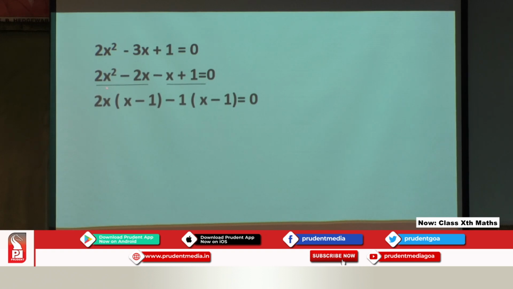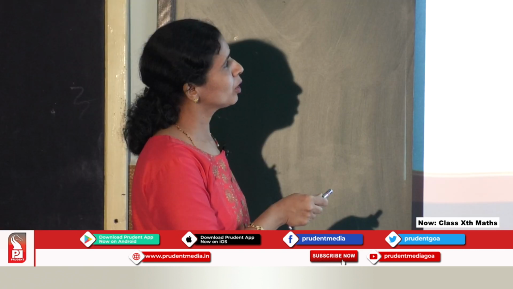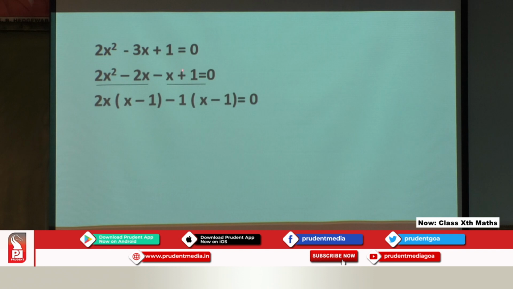Next we should regroup the terms. In 2x square minus 2x, 2 is common, so I took 2x out, and inside the bracket x minus 1 is left. Again the sign is negative, but we cannot see any common number, so when there is no common number we always take 1 as common.